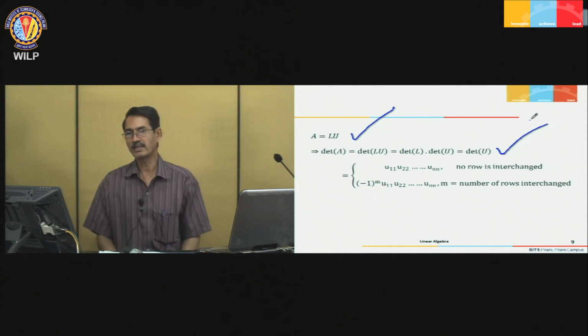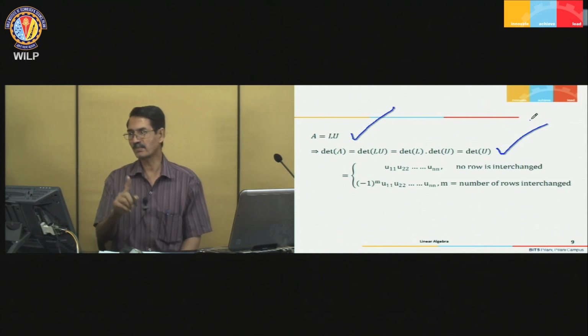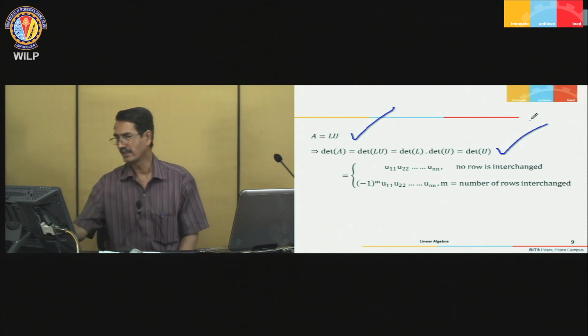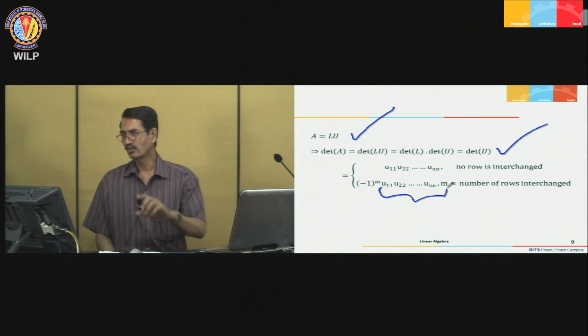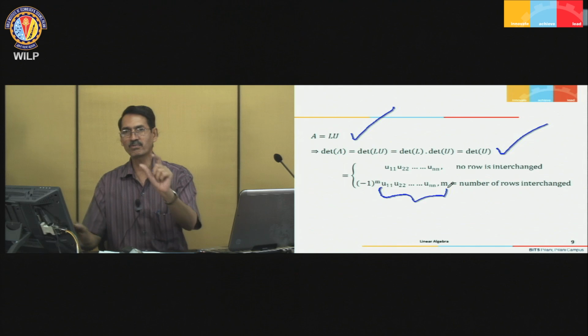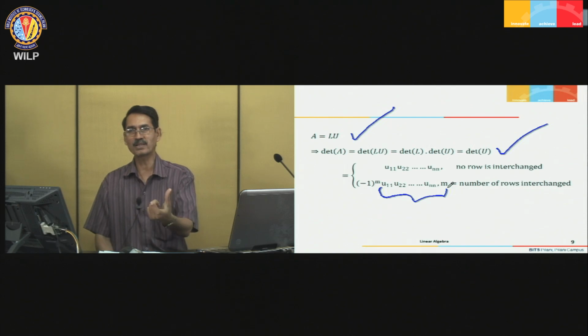But if rows are interchanged for creating 0, then determinant of A will be minus 1 to the power m into the product of diagonal elements. If once we have interchanged the row, then it is minus 1 to the power 1, that is minus of that quantity. If 2 times we have changed, then it is minus 1 to the power 2 and so on.